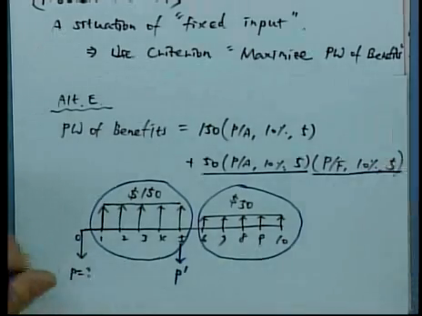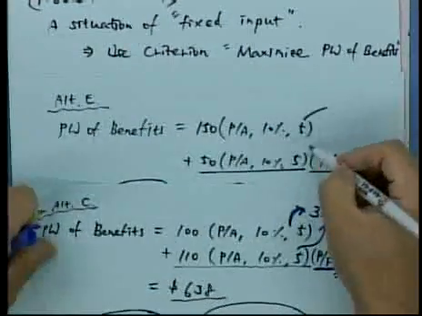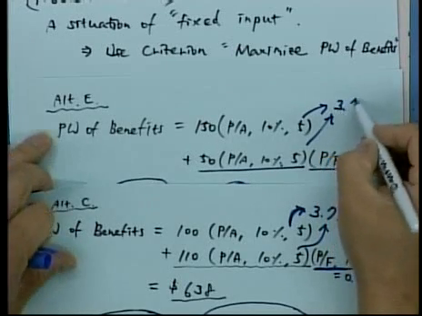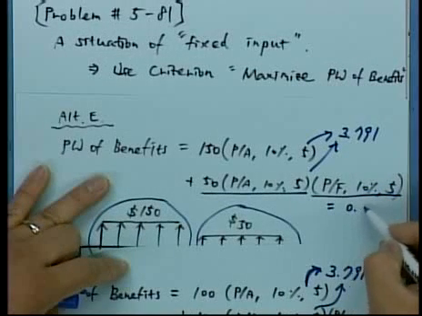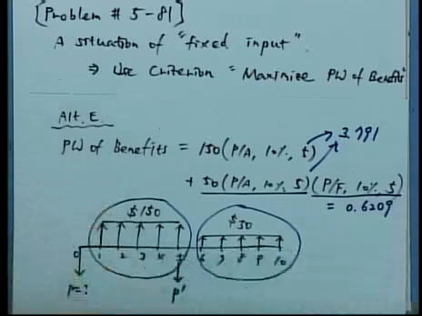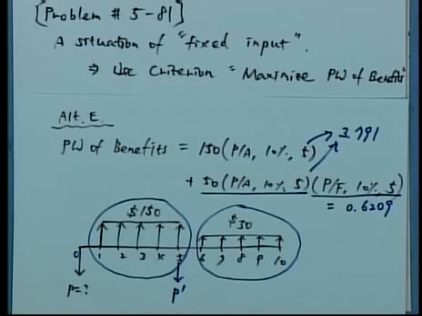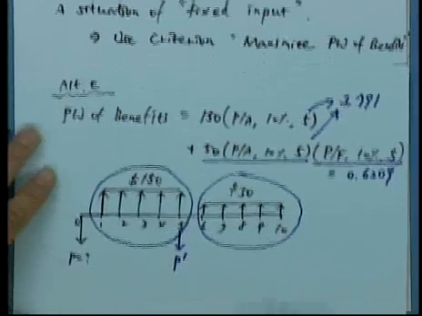And we already know these factor values: 3.791, and this is 0.6209. Okay? And how much is that?